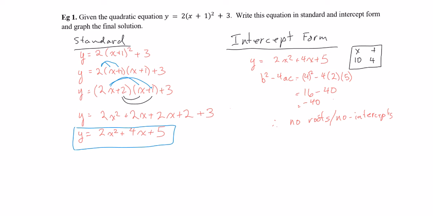Last but not least, we have to determine all the information we can from these equations. So in the original equation, which is in vertex form, the vertex is negative 1, 3.